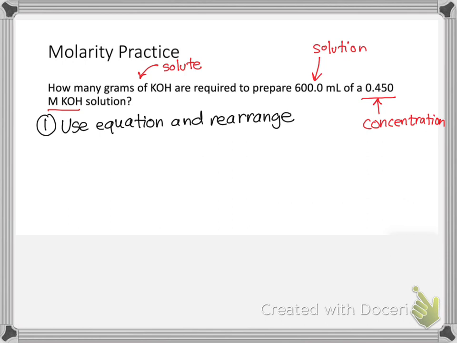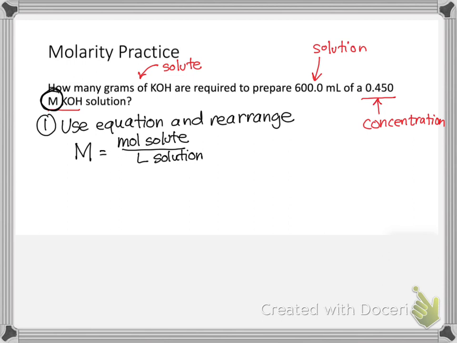So I know that molarity, and I know I would use the molarity equation because it's capital M. So molarity equals moles of the solute over liters of the solution.